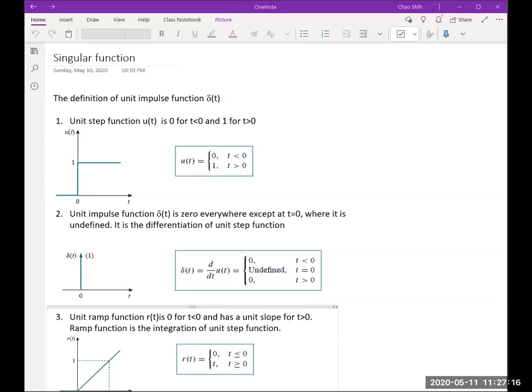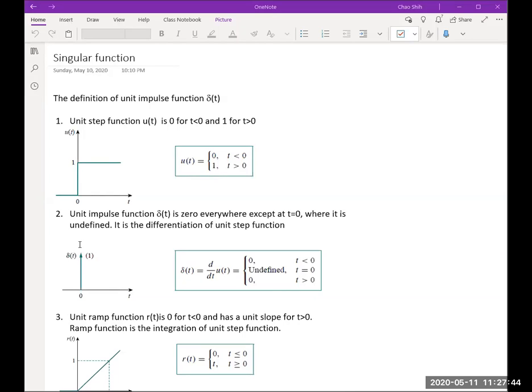If you have a signal, it could be any kind of signal, and you want to get the value at some specific time, like an instantaneous value, then you can multiply that function with an impulse function. Looking at the impulse function, the middle one, delta t, that one only has a value at time equal to 0.